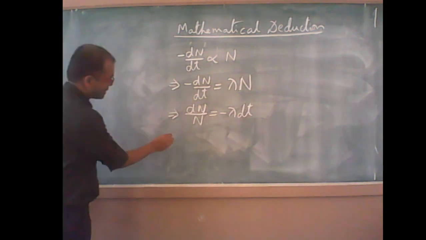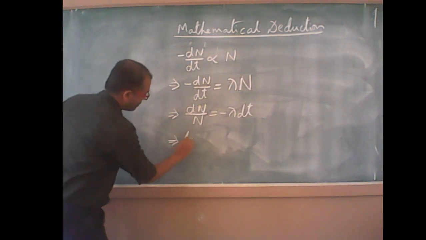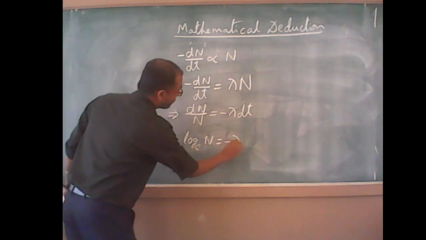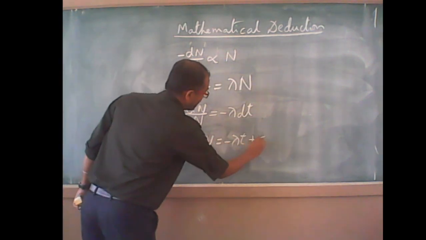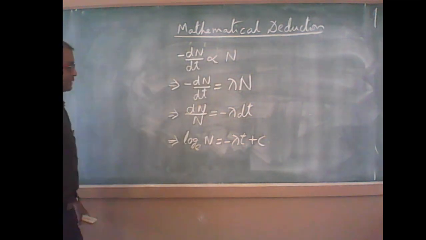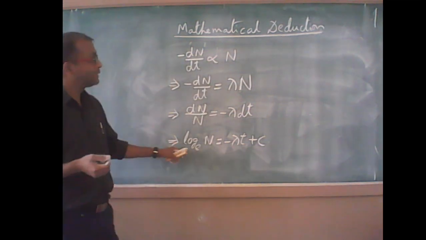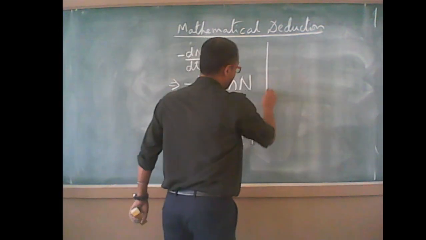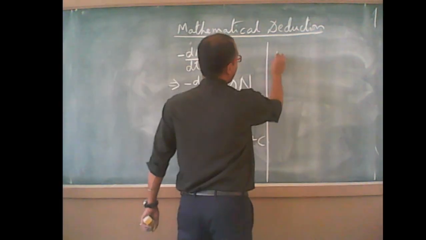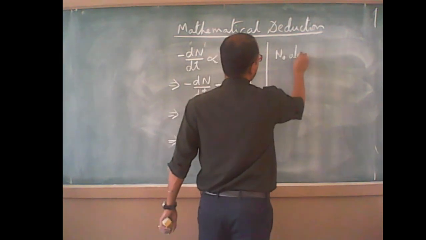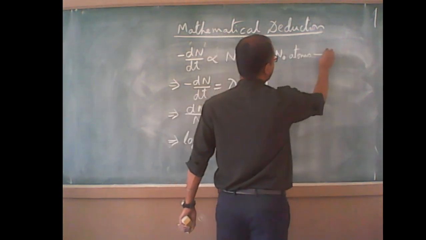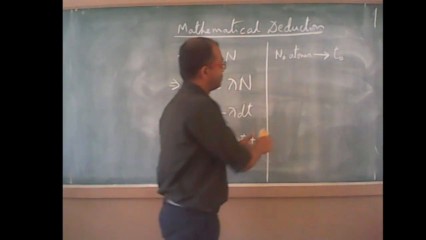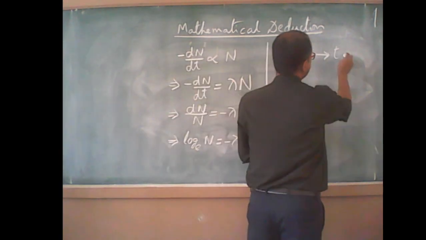Integrating both sides, we get natural log, ln n = -λt + c. Here c is a constant which we have to find out from the initial conditions. Now let us say that the element has n0 atoms, and hence nuclei, at the initial point of time, t = 0.